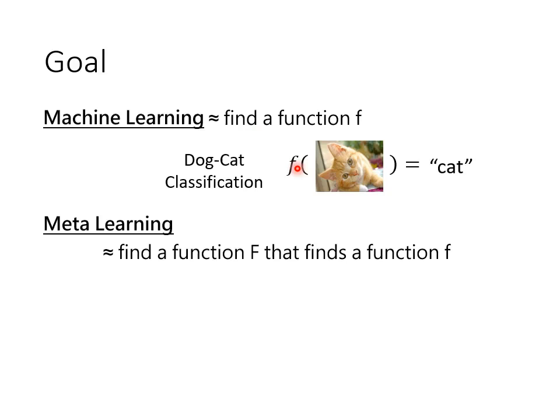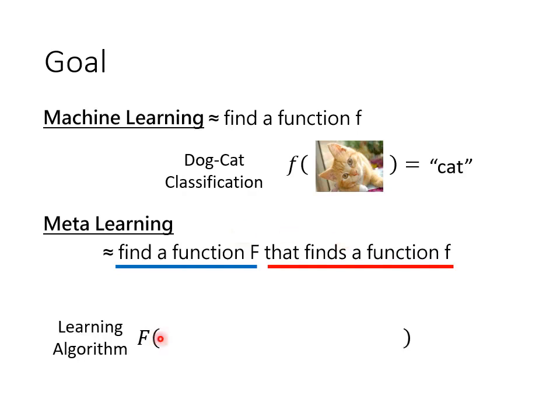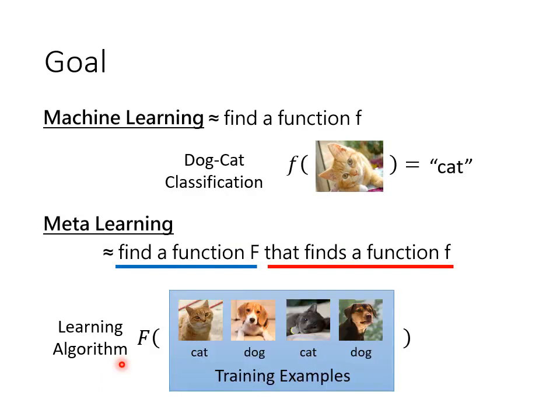Meta-learning is also trying to find a function, which is denoted as capital F here. And the goal of this capital F is to find a small f. So we have a capital F, which is a learning algorithm, and capital F takes training examples as input and outputs a function small f. Hopefully, we can use this small f in the machine learning task, like classification. This is the comparison between the goal of machine learning and meta-learning.